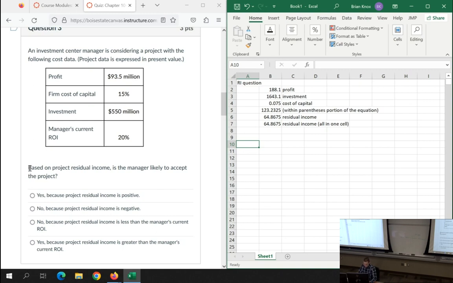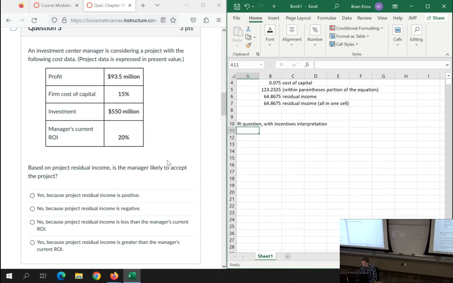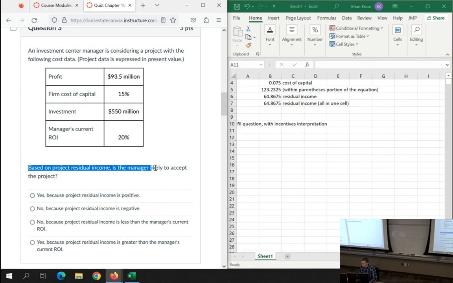This is an RI question with incentives interpretation. The question says, based on project residual income, is the manager likely to accept the project? So if the manager is incentivized based on residual income, at least in part, where does that push the manager to accept or reject the project?